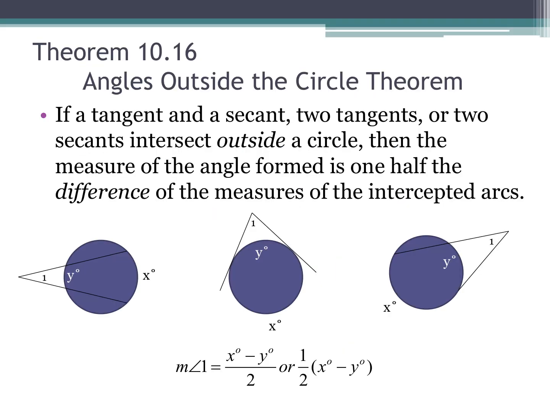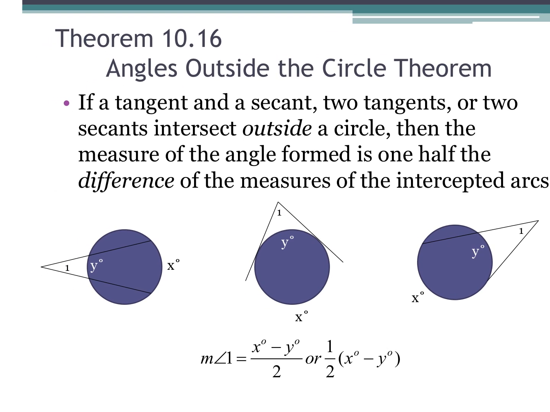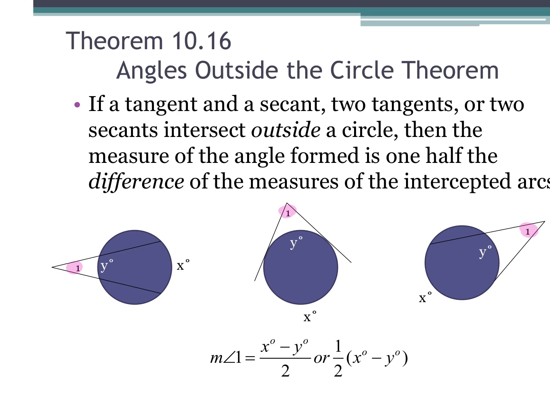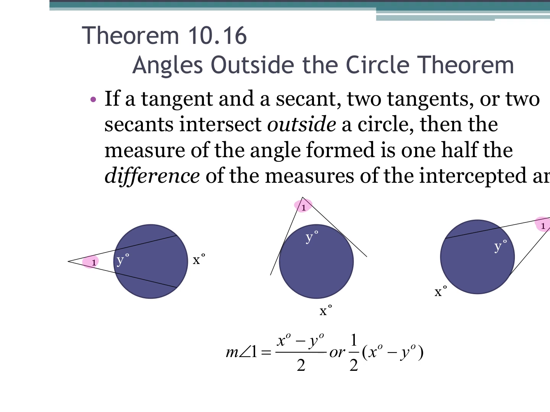This theorem is called angles outside the circle theorem. And the outside angle is this angle 1 in each picture. Now, we have 3 different scenarios here. The first picture here on the far left, this is a picture of 2 secants forming that outside angle 1.